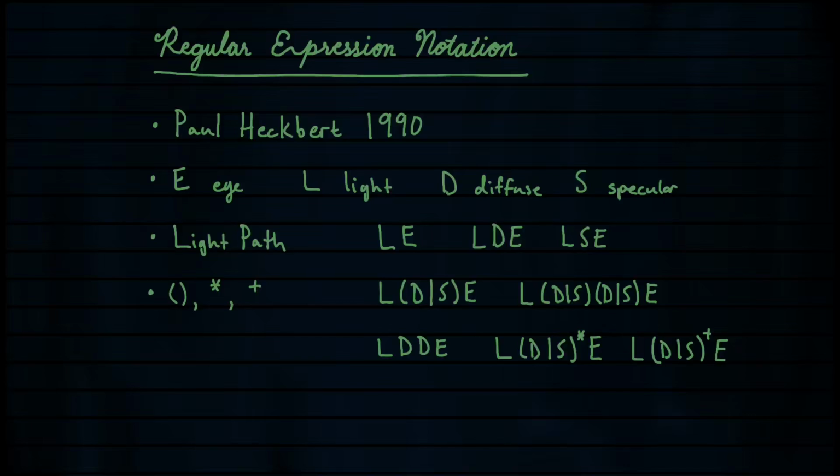And so this regular expression notation is very handy at categorizing the different kinds of light paths that a renderer will utilize. So let's compare two algorithms, the path tracing algorithm and the radiosity algorithm, which are both designed to simulate global illumination, two popular techniques. So let's take a look at that real quick.